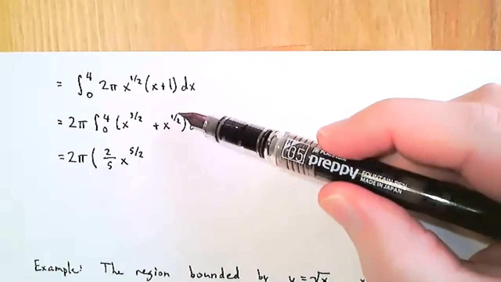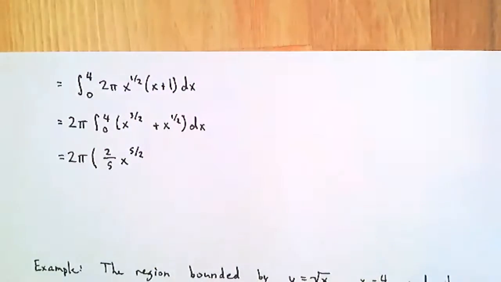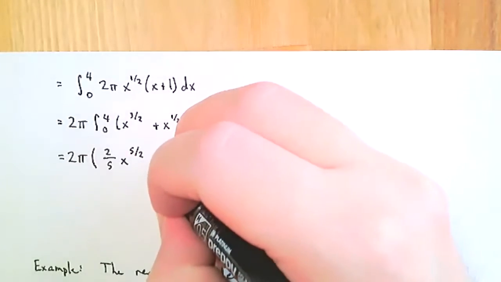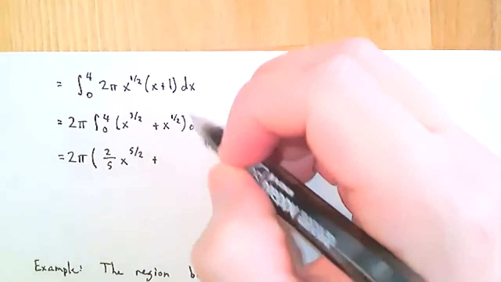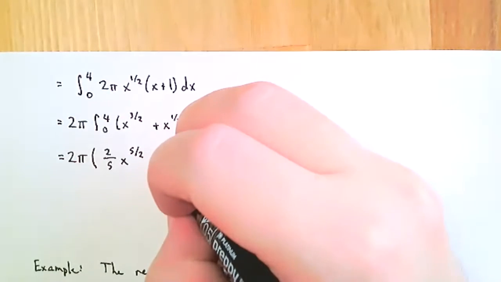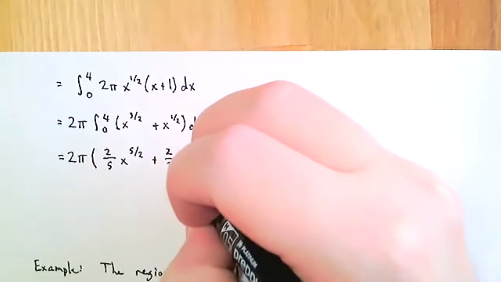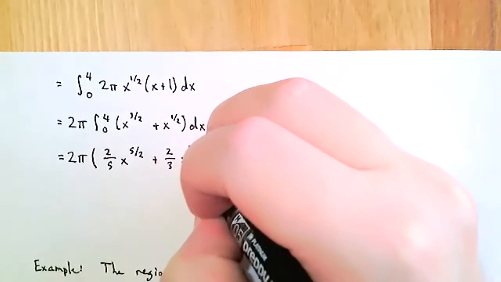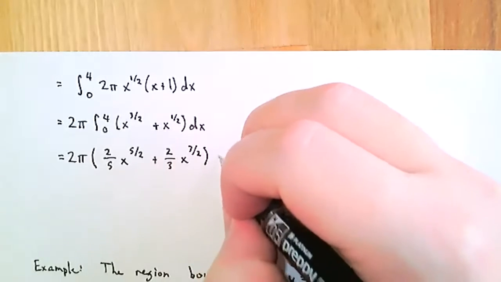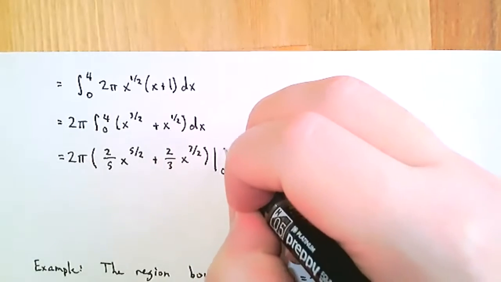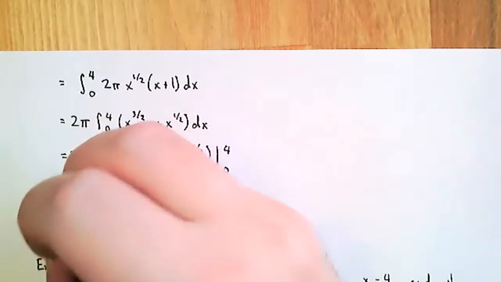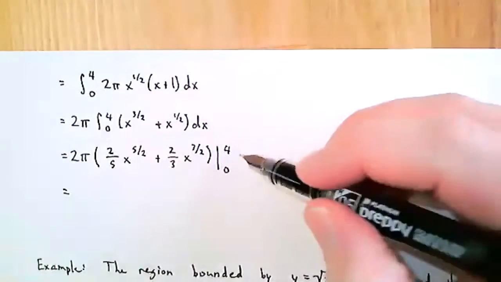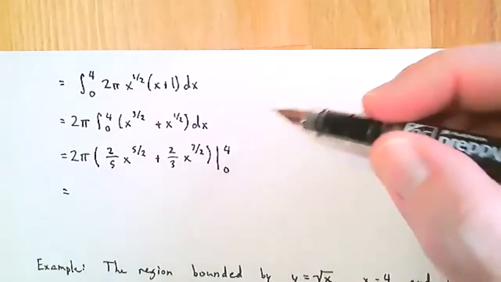And then do the same thing, increase by 1, divide by the new power. So this becomes 3/2 in the exponent, and then you flip the fraction and multiply by 2/3. Okay, so now we're done with the calculus. We just have to plug in our limits and subtract.